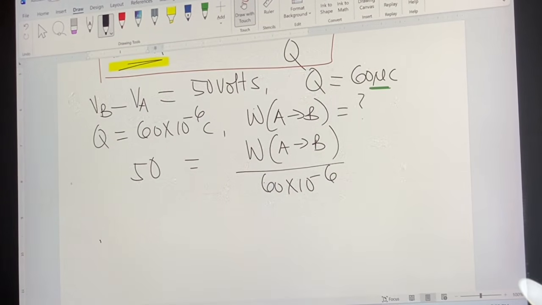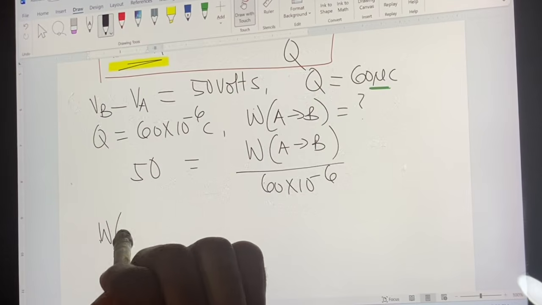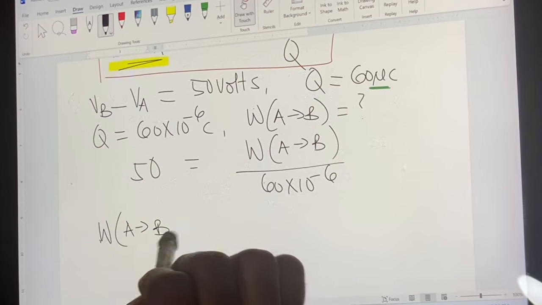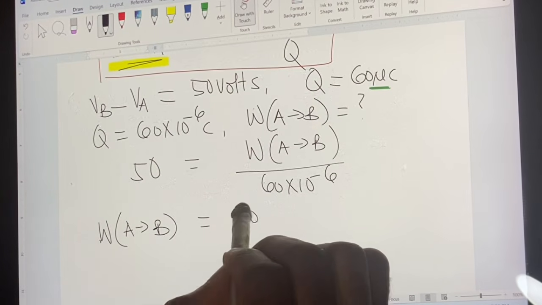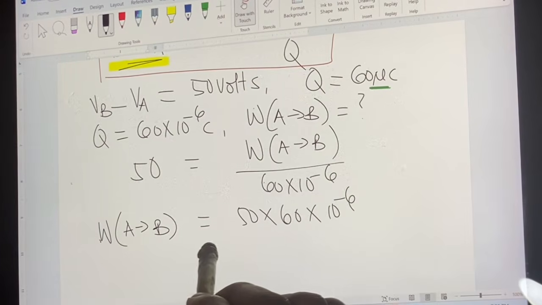So make external work done the subject. External work done is equal to 50 times 60 times 10 raised to the power minus 6.